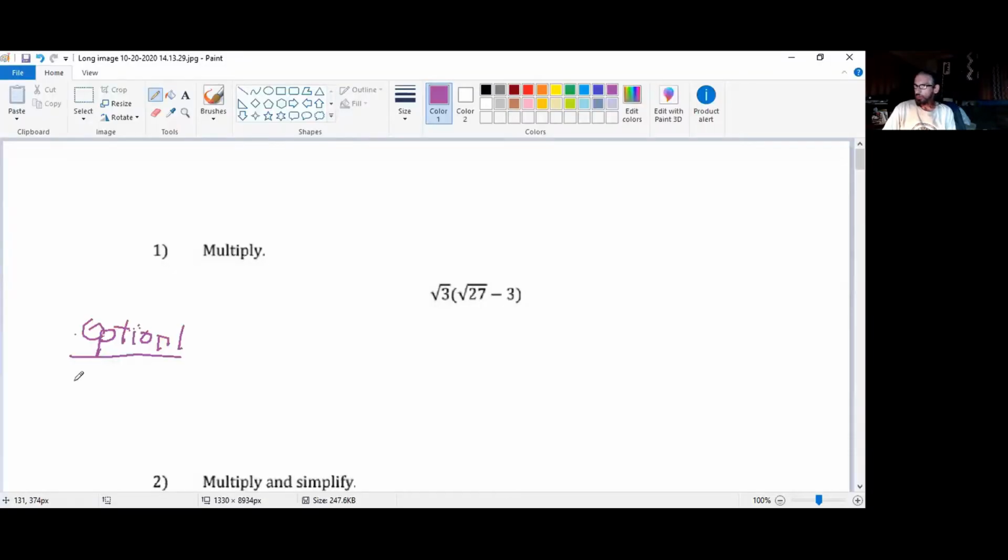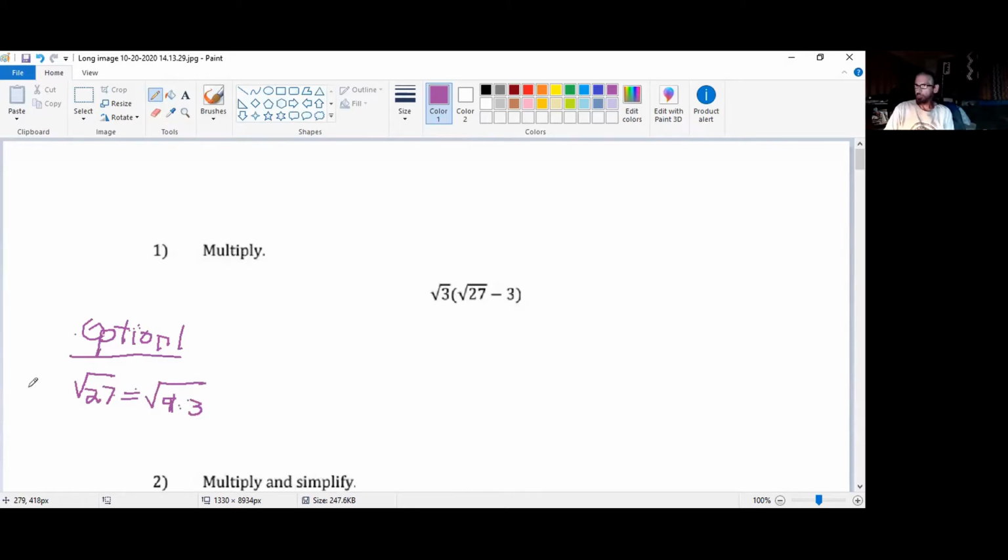The first one, I don't particularly like. We could simplify that square root of 27. If I just focus on that for a moment, the largest perfect square that will go into 27 is 9. It goes in 3 times.